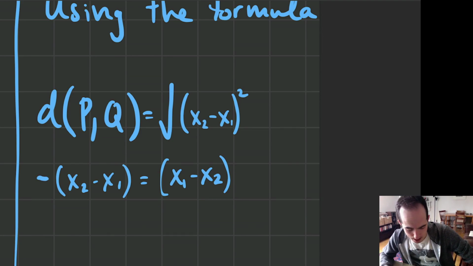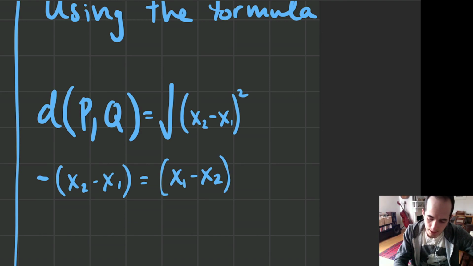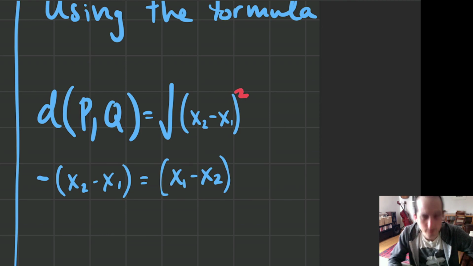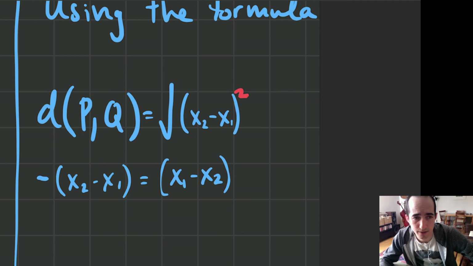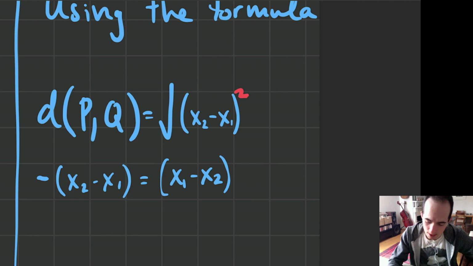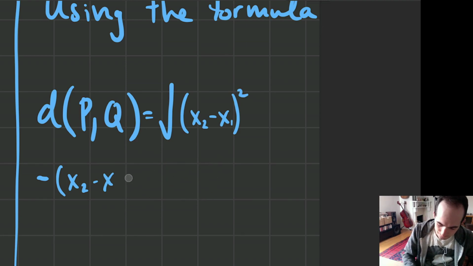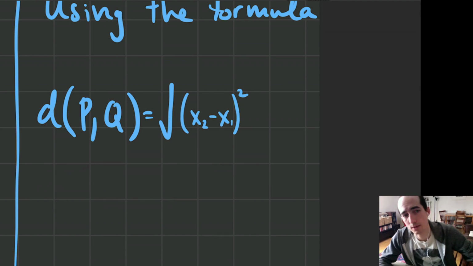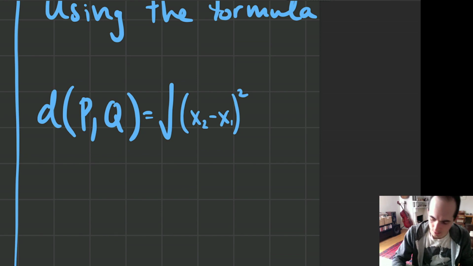So it doesn't matter which one I put first and which one I put second, because I am putting an exponent of 2 on it. So I'm squaring it. If one is the negative of the other, when I square it, it's just going to become positive anyway. So they become the same thing. So we don't have to worry about which one comes first. In the distance formula, you just take the difference of them. It doesn't matter which order you subtract them. It could be x1 minus x2 or x2 minus x1. Anyways, going back to the formula.